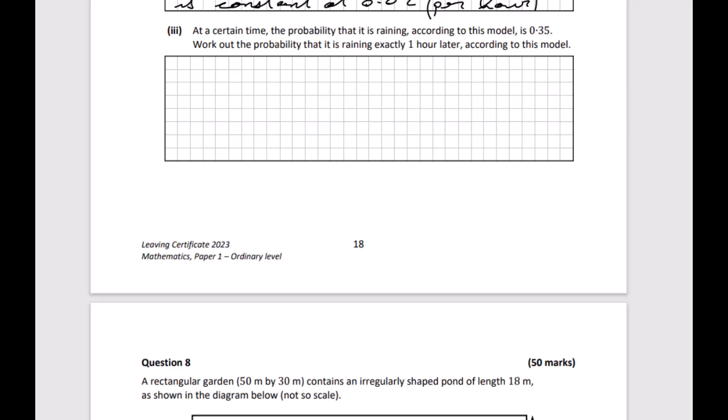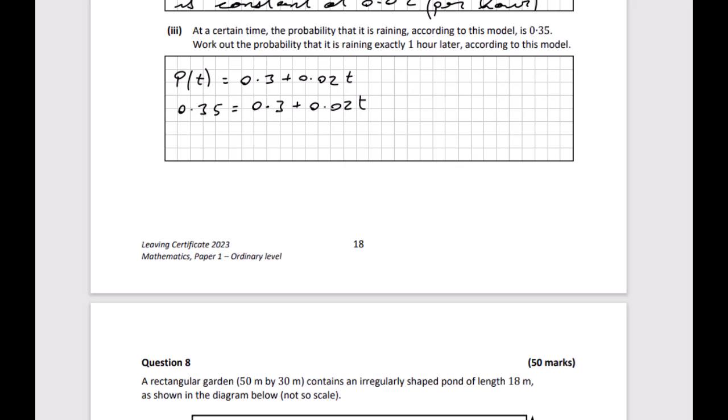Okay, at a certain time, the probability that it is raining according to this model is 0.35. Work out the probability that it is raining exactly 1 hour later according to this model. Okay, a couple of ways of doing this. The original equation was P of t is equal to 0.3 plus 0.02t. Now we know that our probability here is 0.35. So let's work out what time that is happening at.